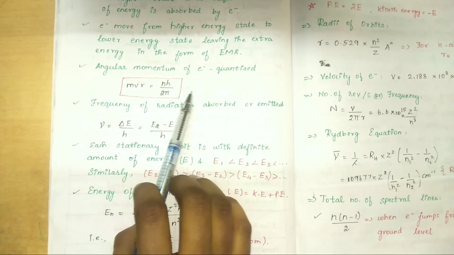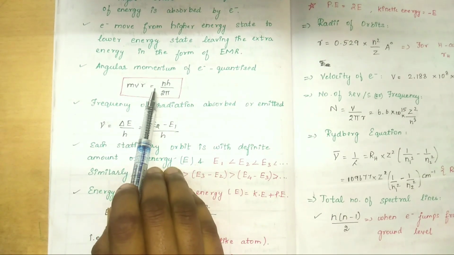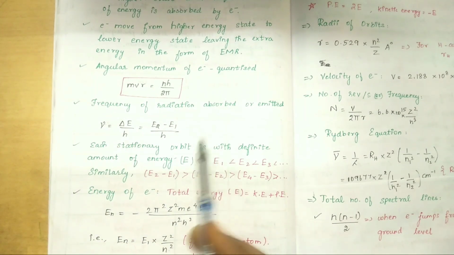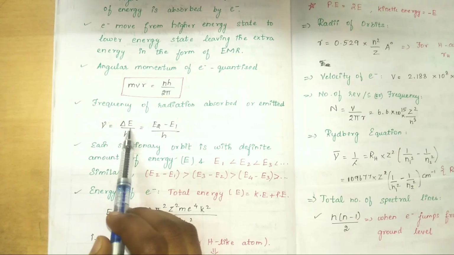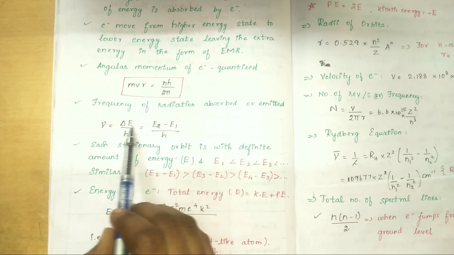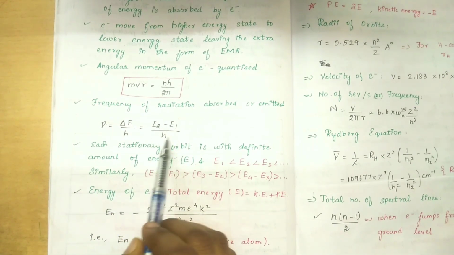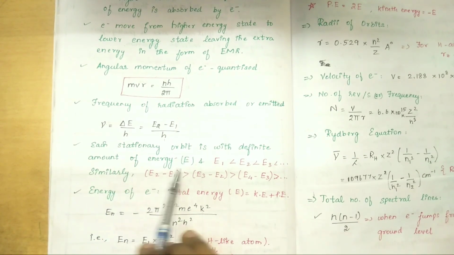The angular momentum of the electron is quantized and does not change with time, which is equal to mvr equal to nh by 2 pi. The frequency of radiation absorbed or emitted is nu equal to delta E divided by h, the Planck's constant. Here delta E means E2 minus E1, the higher energy level minus the lower energy level. Each stationary orbit has a definite amount of energy.